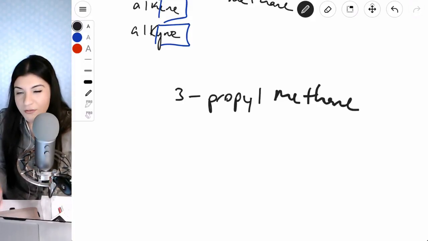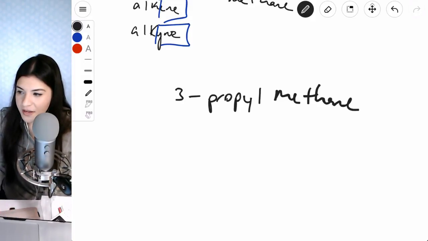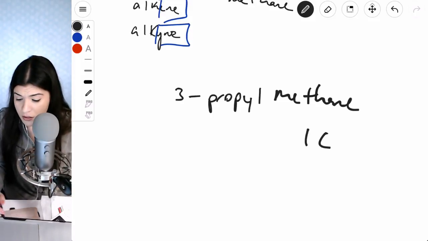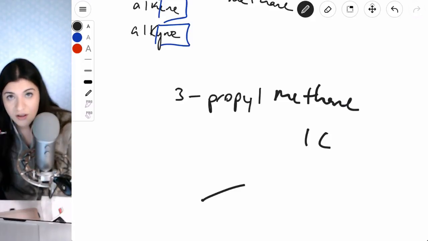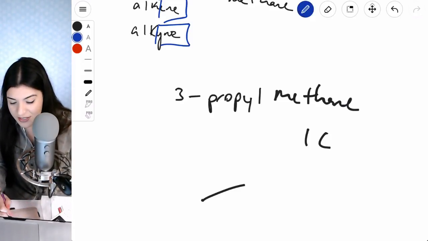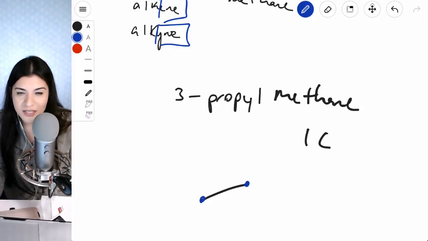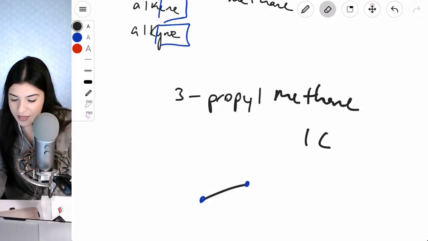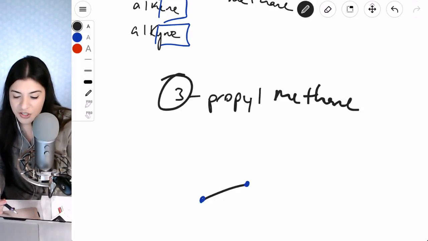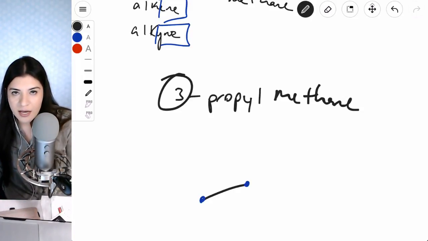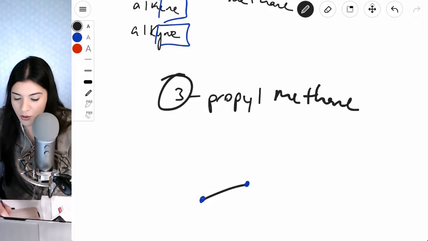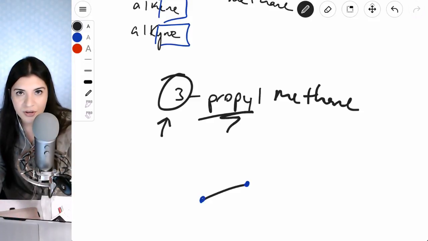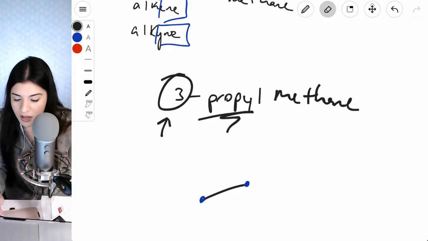Methane is just 1 carbon, so I couldn't even have drawn a line. This already consists of 2 carbons, so that's not possible. There aren't 3 carbons to state that it was methane. Propyl I know is 3, and I can't even state the location at 3. So that's why it doesn't work.